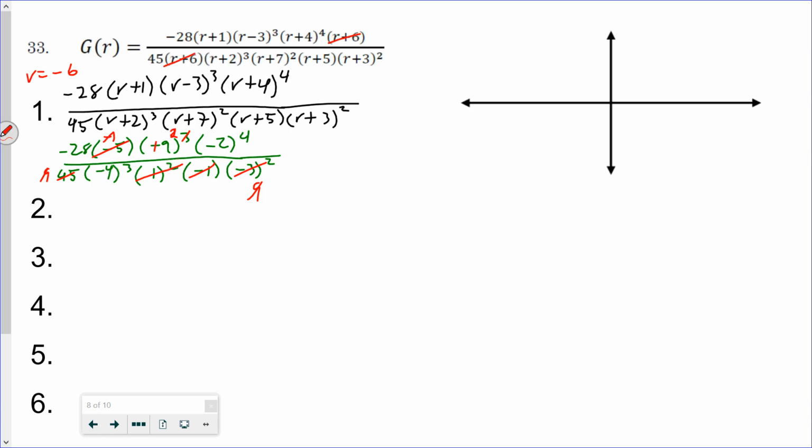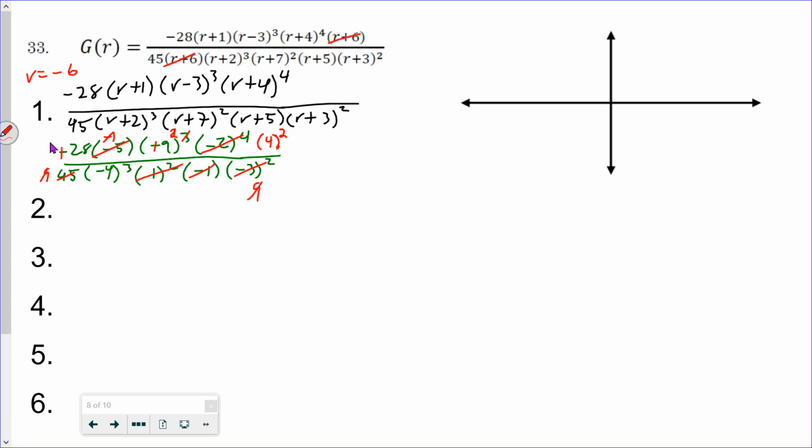This negative and this 28 can be positive. I have this -2 to the 4th power. I can rewrite this as 4 squared, since -2 times -2 gives you +4.